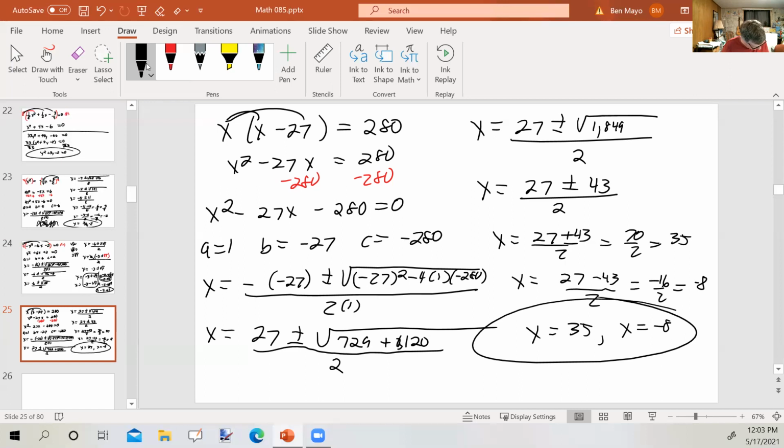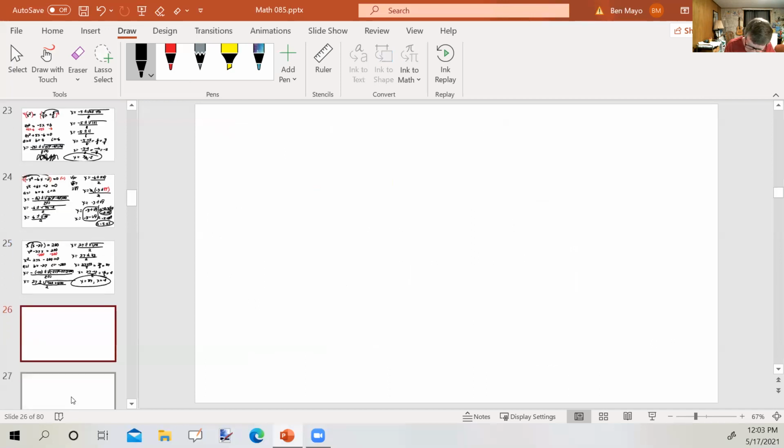Okay, let's see. How about this one? 120x squared plus 120x minus 40 equals 0. This is already in standard form. Again, we could use those large coefficients, but we could factor a 40 out of each term, divide it out, and get rid of it.